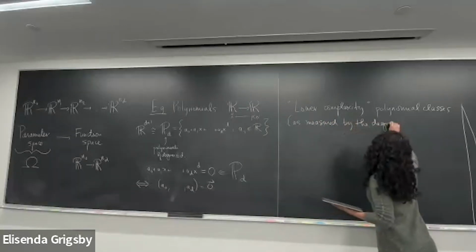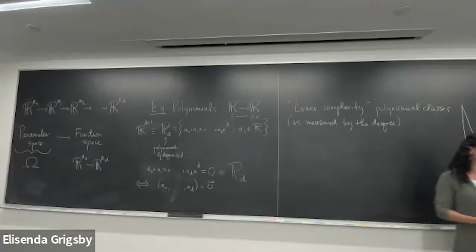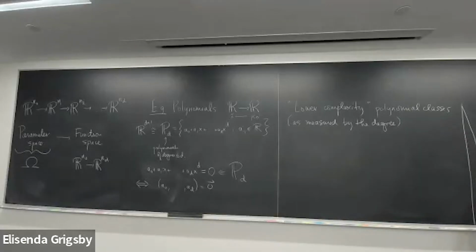You might argue with me that degree is maybe not such a great measure of complexity, but I think it's pretty standard. In particular, if you look at the actual graphs of the functions, degree 3 polynomials can have a couple of critical points, a local max and a local min, whereas degree 2 polynomials can only have a single critical point.